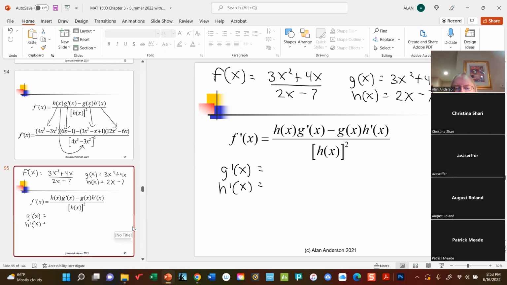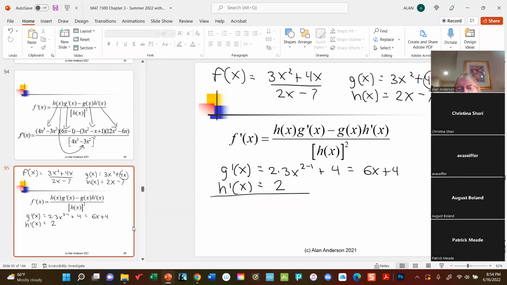All right, let's start with g prime of x. So remember, this is 4x. Remember how that works. You can write out the formal rule, but just remember, whenever you have a constant times x, the derivative is simply equal to that constant. So that one turned out very nicely. h prime of x, so again, you have 2 times x. So this is, wow, look how easy that was. Because you have a constant times x and a constant, so that reduces to 2.